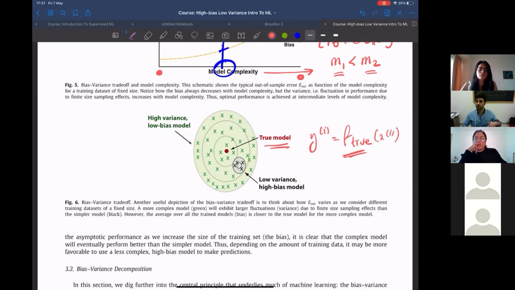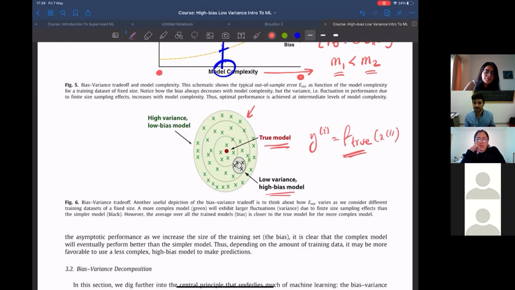You are given some finite amount of training data. You train each of these infinitely many functions in the world. Some belong to this complex hypothesis class, which are the green ones, and some belong to the simple hypothesis class, which are the black ones.